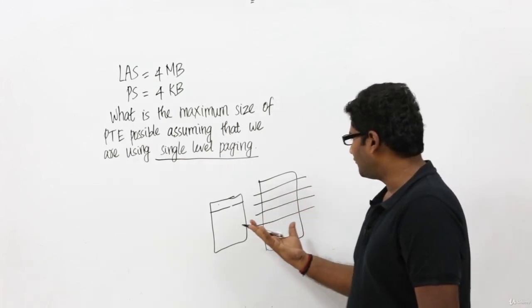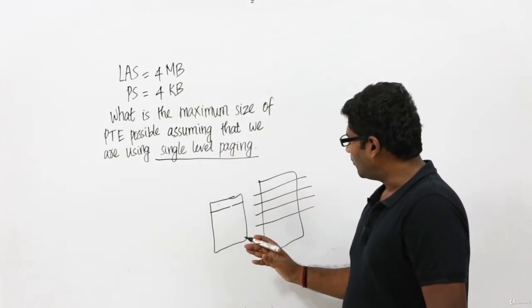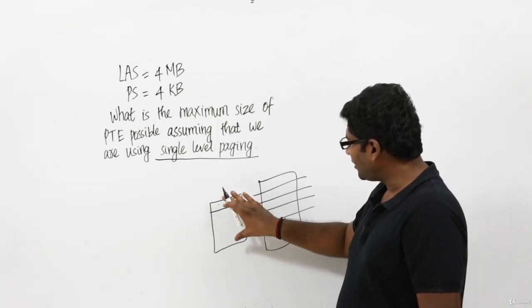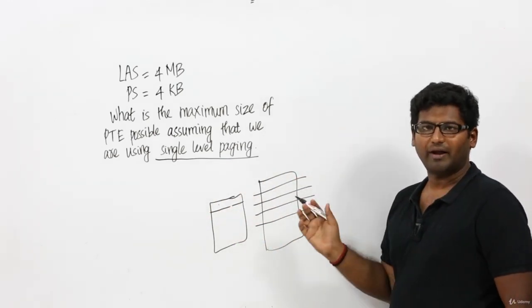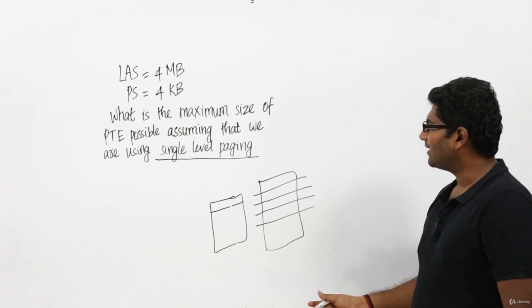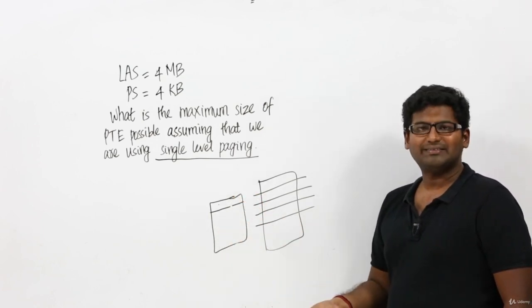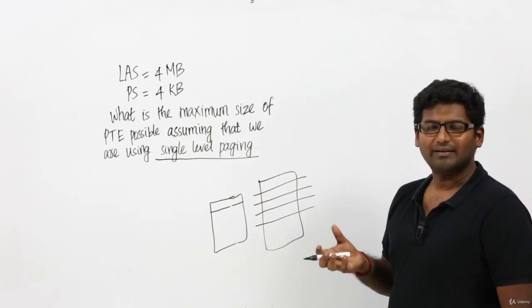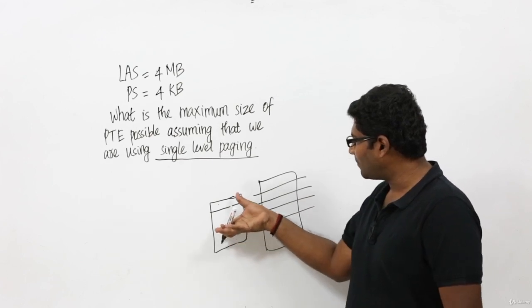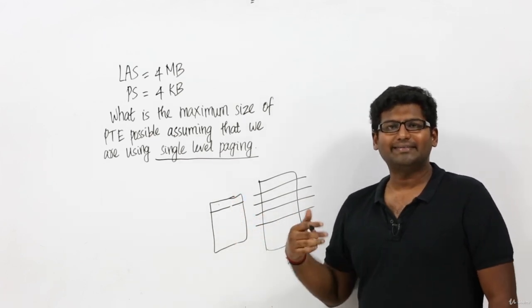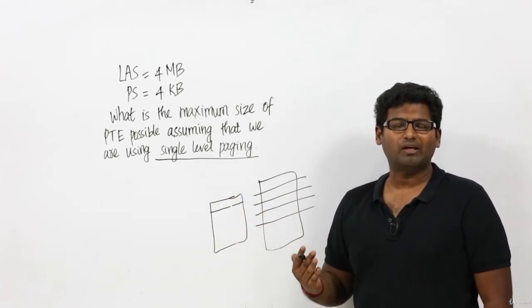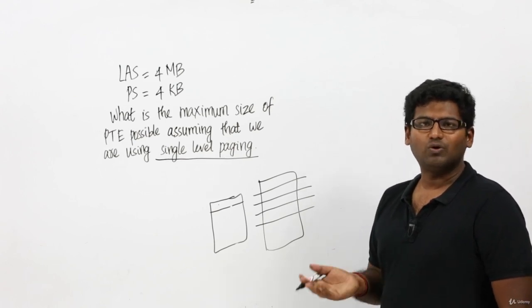That is the functionality of the page table. Now this page table also has to be placed in a single frame of RAM. In case we are not able to place the complete page table in a single frame of RAM, we go for something called multi-level paging. There is no other option, right?